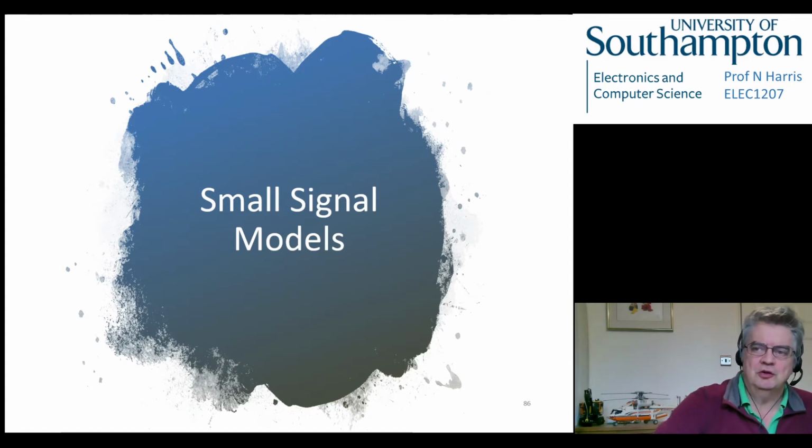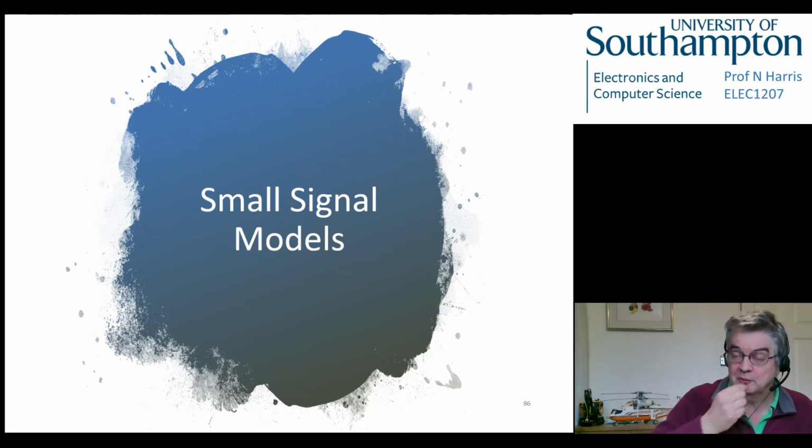So we use the large signal model to bias our transistor circuit at a position where it's waiting for a signal to come in. So it's sat at its active point. It's called its quiescent point. Waiting for a signal to come in, and then the signal comes in and it superimposes itself on that quiescent point, and the circuit responds because it's in that linear part of the curve.